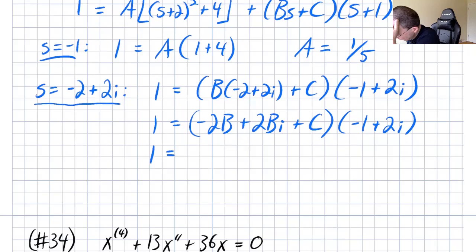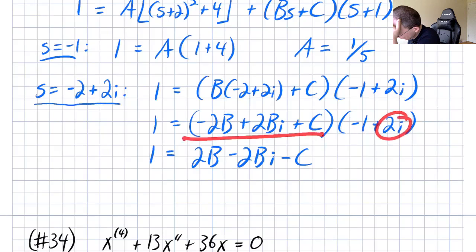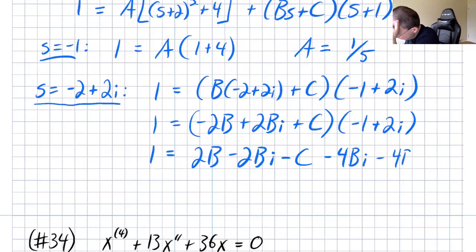So we'll have 2B minus 2Bi minus C. So that takes care of this -1 times this. And now I'm going to do the 2i times this. So that will give me minus 4Bi minus 4B, because i squared is -1, plus 2Ci.